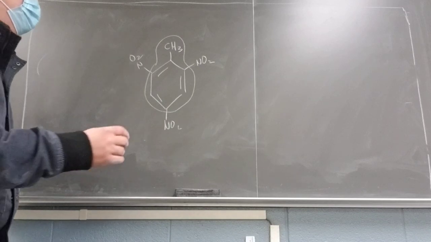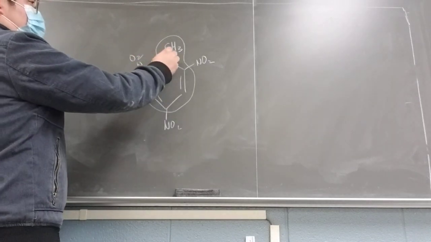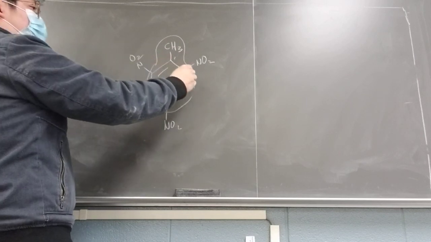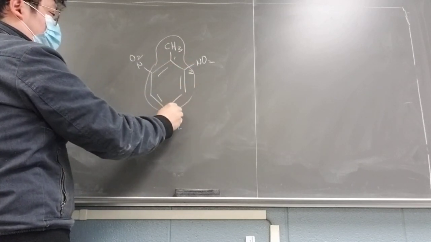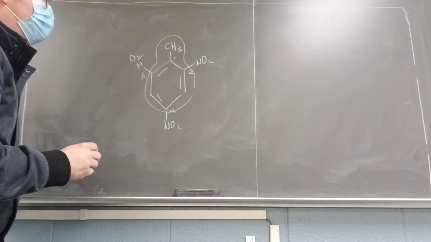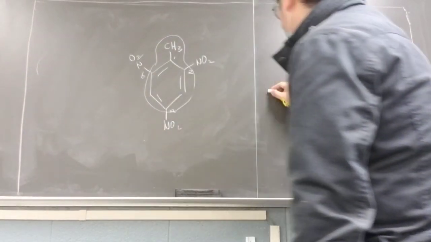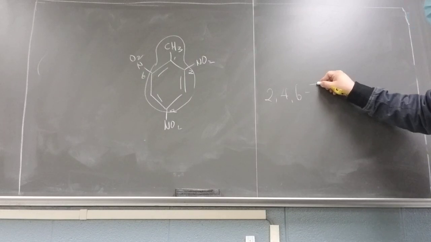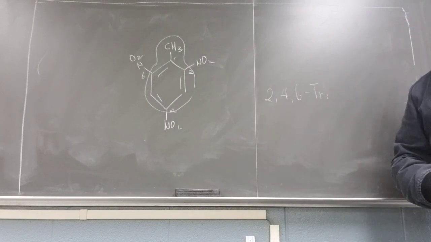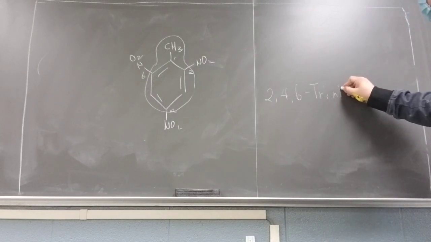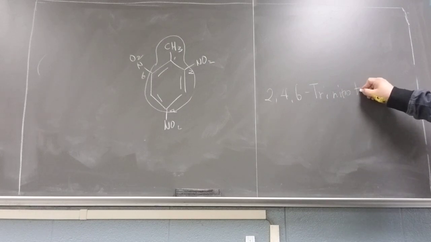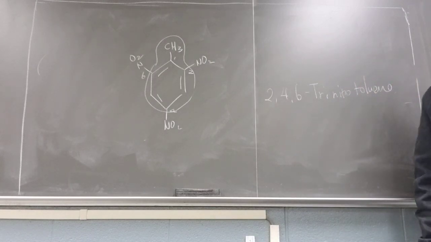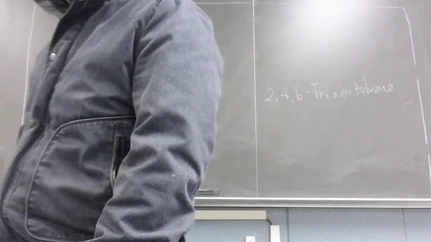Okay, so once again, because this one is our base, we count from here. 1, 2, 3, 4, 5, 6. Okay, so you can say 2, 4, 6. There will be 3, right? So we'll put tri. Okay, nitrotoluene. So that might be a good name for it.